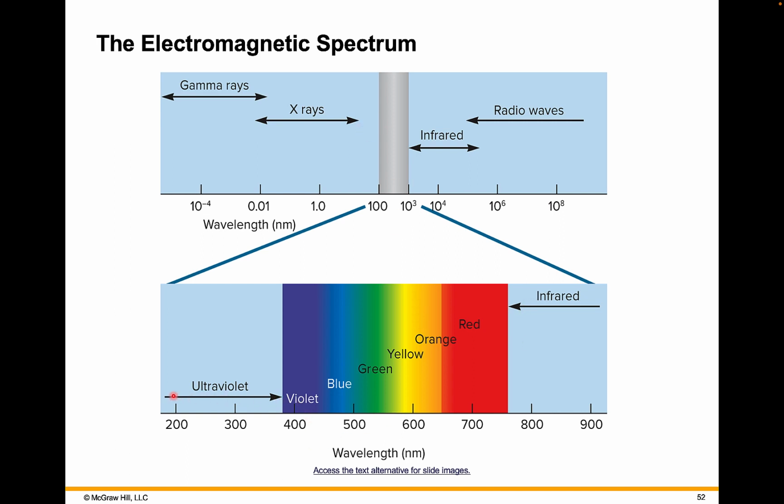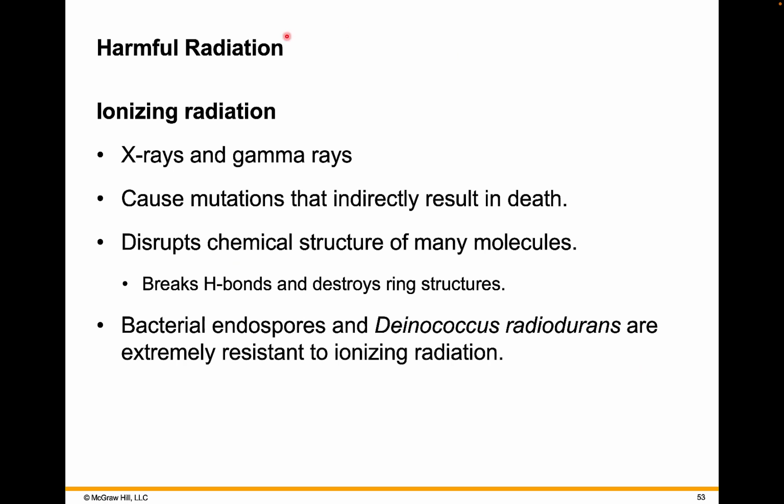As we go beyond the ultraviolet wavelength, we have X-rays and gamma rays. These are ionizing radiations, which can harm the growth of microorganisms. X-rays and gamma rays can cause mutations, break DNA, and can indirectly result in death.